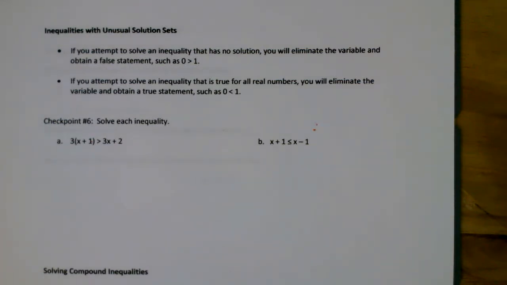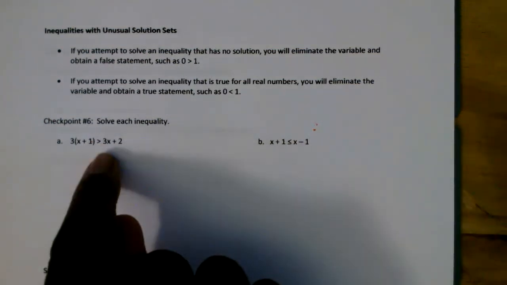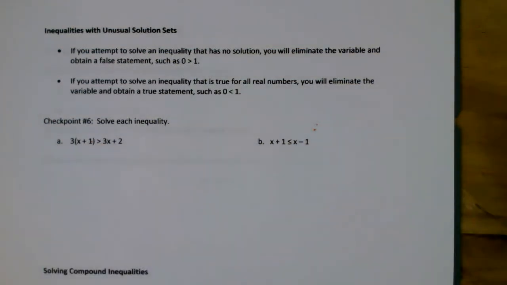That does happen, as you're going to see in these two examples here. Here we're going to solve each inequality. Like 3 times the quantity x plus 3 is greater than 3x plus 2.